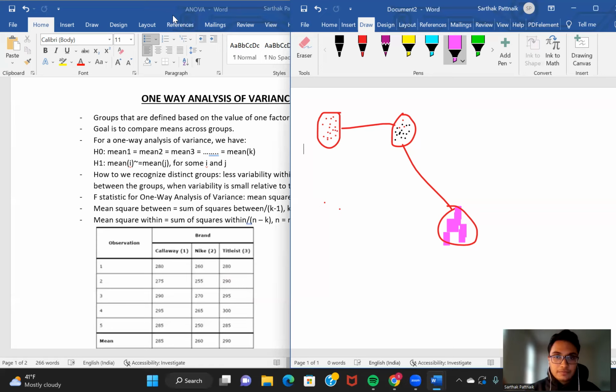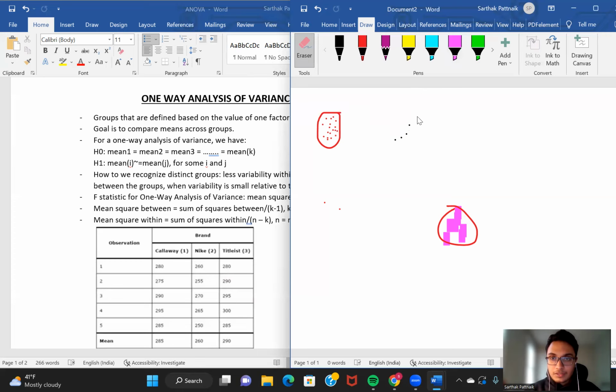But essentially, this idea of calculating variability is something that we do using one particular factor. And in most cases, that particular factor is the mean of the groups.